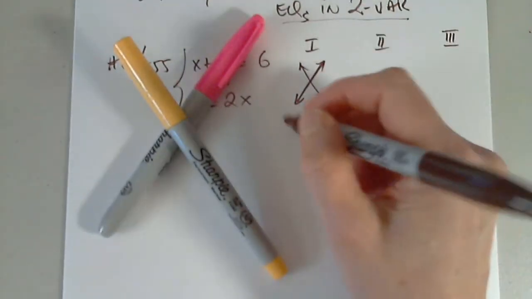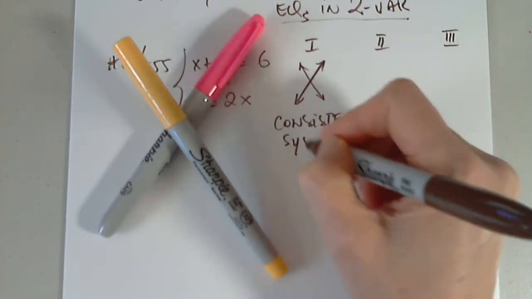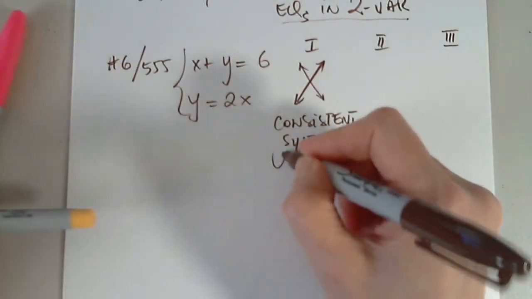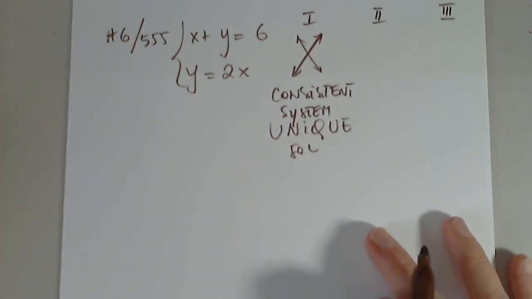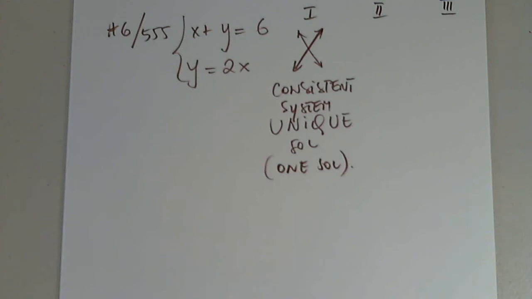This system is called consistent. It has solutions, but only a unique solution. If you don't like the word, just say one solution.